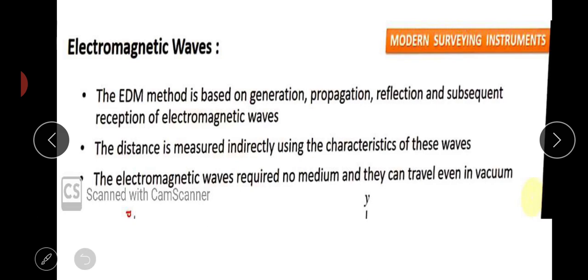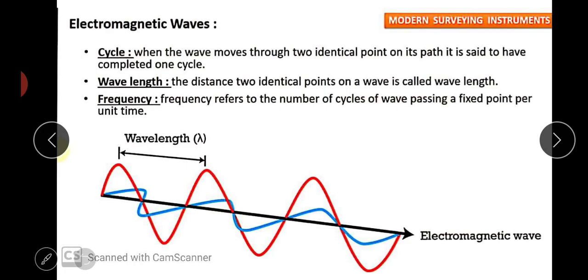The distance is measured indirectly using the characteristics of these waves. The electromagnetic waves require no medium and they can travel even in vacuum, as I told earlier. When the wave moves through two identical points on its path, it is said to have completed a single cycle.